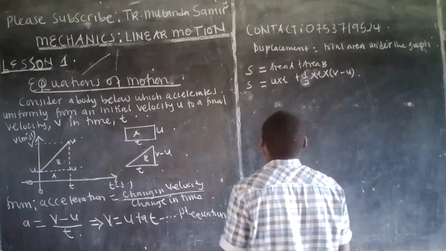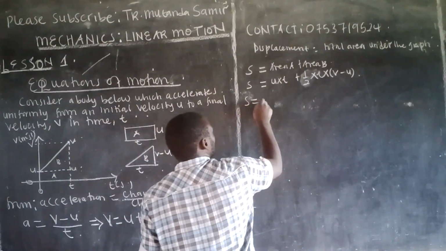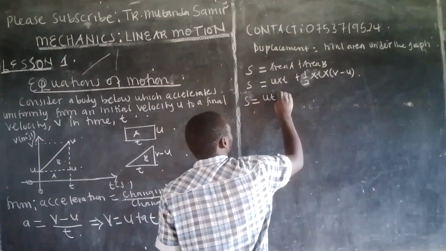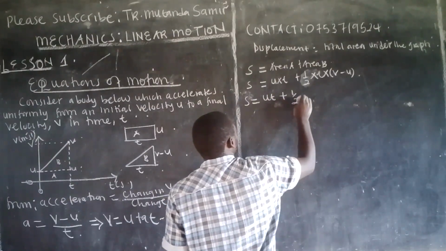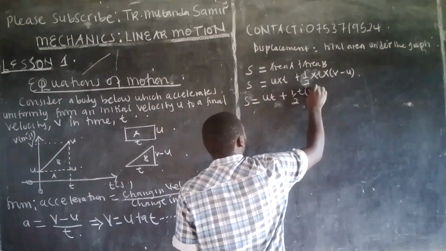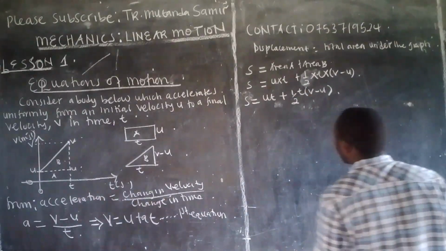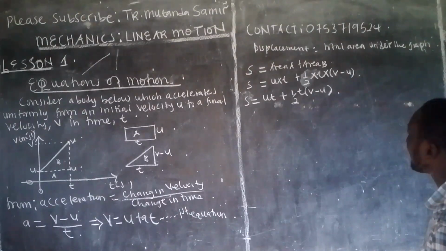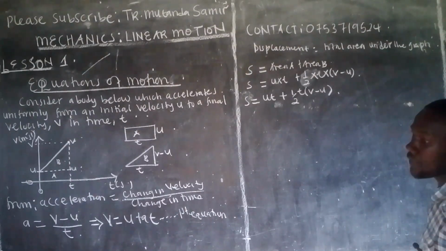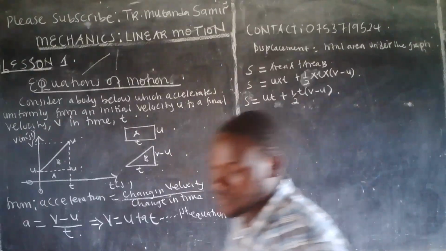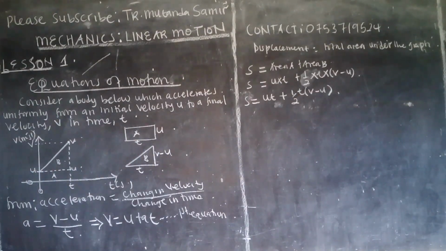There we are. So now S is equal to ut plus a half t into v minus u. All right, I think that is okay. Let's now proceed.